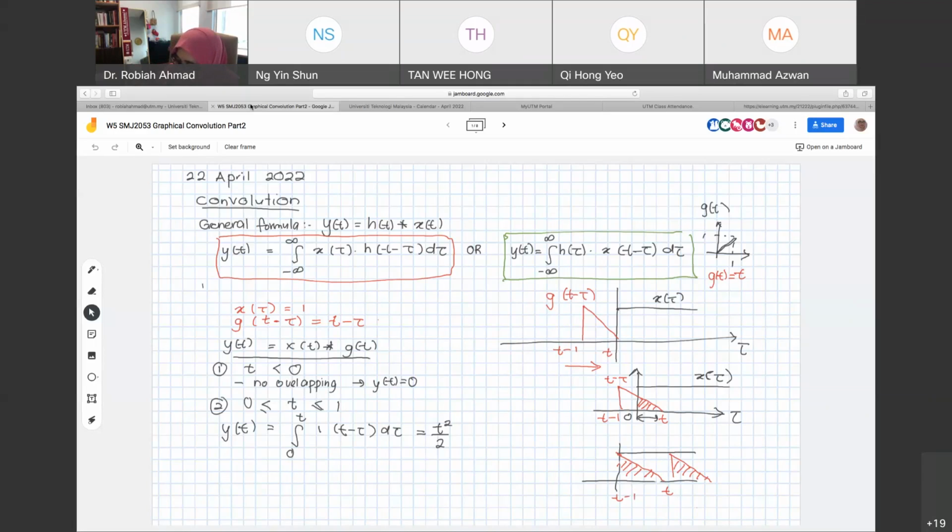So this will be the third condition, fully overlapping and so forth. So it will be t more than 1, because after that it is the same. So our y(t), the inside is the same, because the integrand is x(tau) g(t minus tau). So the value here will always be the same, which is 1 times t minus tau d tau.